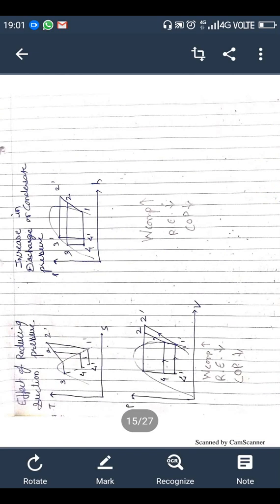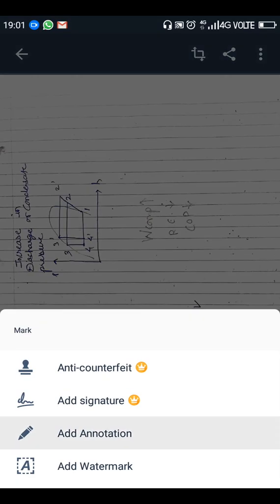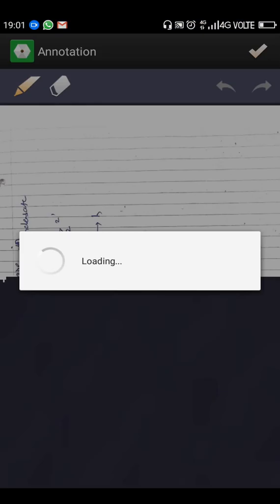Suction pressure is here in the bottom line. So here is reduction in suction pressure and increase in discharge pressure. You can see this, we are increasing the discharge pressure from 2 to 2 dash. So this is the increase in discharge pressure.